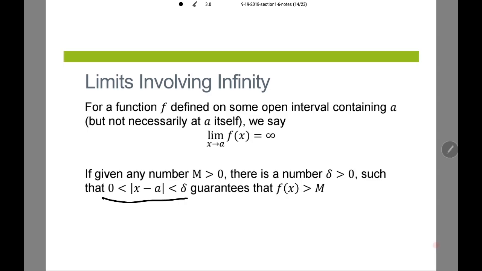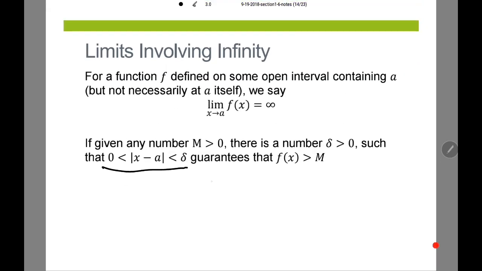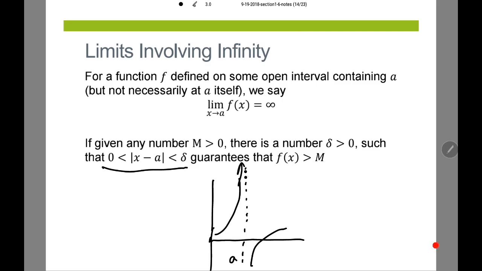So I can show you what that looks like graphically. Pretty much what this looks like graphically is that I have my function shooting up towards positive infinity, and let's say I've got another piece of it down here. We have our a value here that it's shooting up towards but never quite reaches infinity.